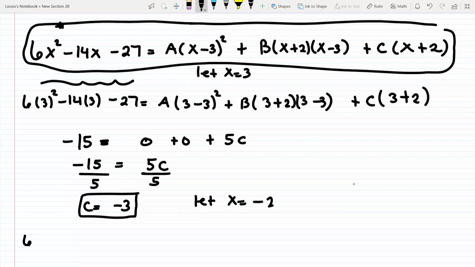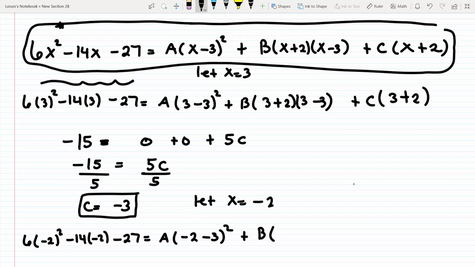So it's going to be 6 negative 2 squared. We do not know what our a value is, so I'm going to leave it as a, and it's going to be negative 2 minus 3 squared plus b, and then this is going to be negative 2 plus 2, negative 2 minus 3, and then this is going to be negative 2 plus 2.